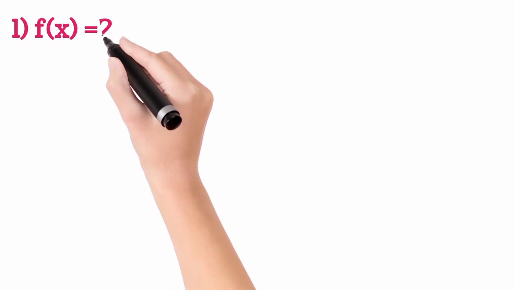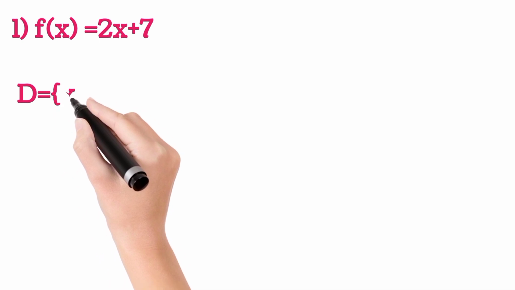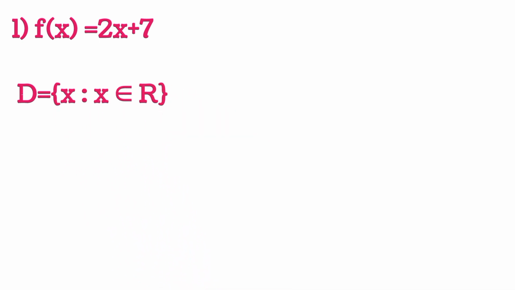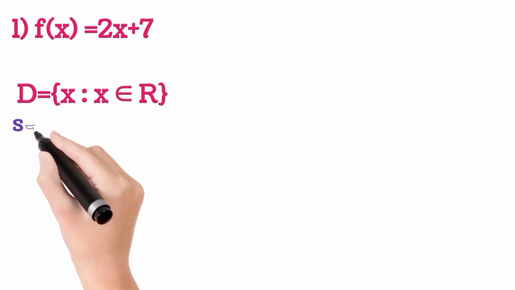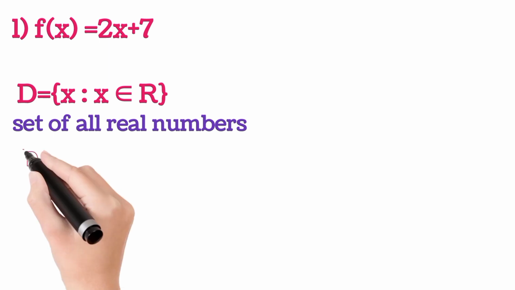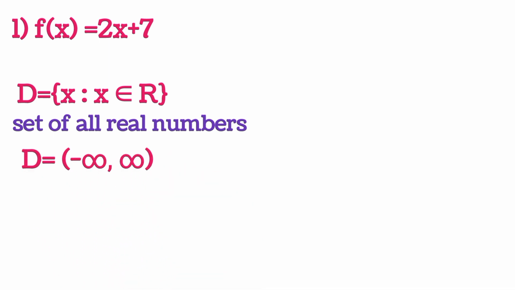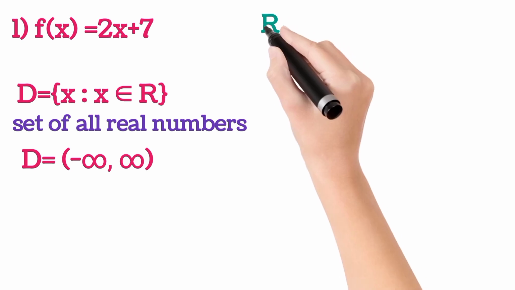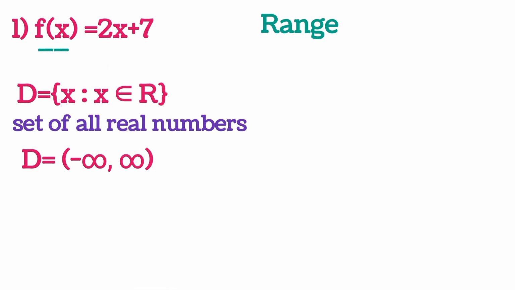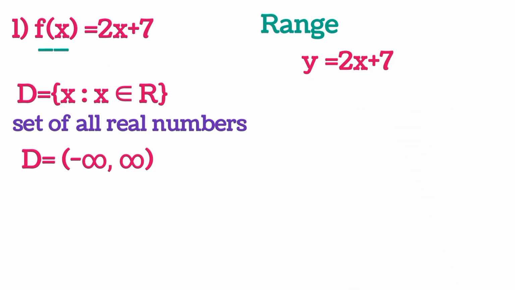So for the function f(x) = 2x + 7, the domain is x such that x belongs to R, that is the set of all real values. And this can also be written as D = (minus infinity, infinity). Now for the range, we will write f(x) as y. So this will become y = 2x + 7.